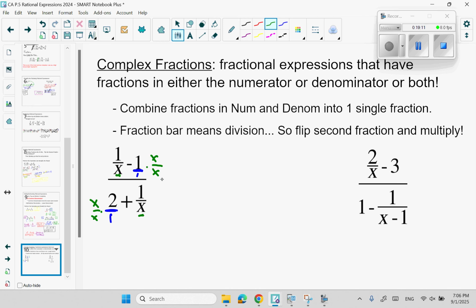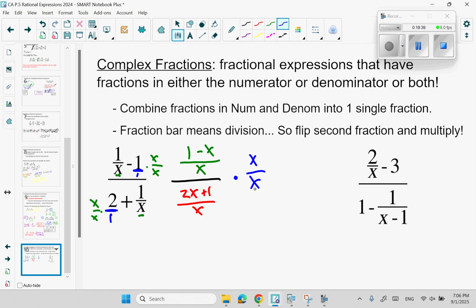So up top, I get 1 minus x over x, just subtracting the 1 and x terms, turning into one fraction. And over here, I get 2x plus 1 over x. The advantage to this is now I can multiply by x over x to the entire big fraction.